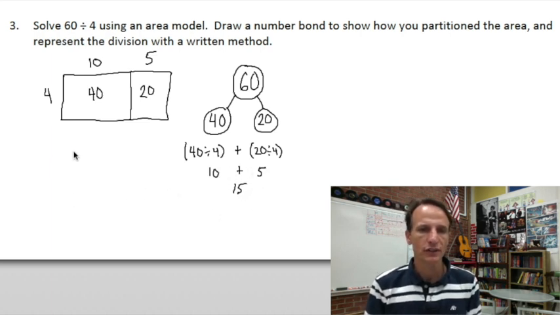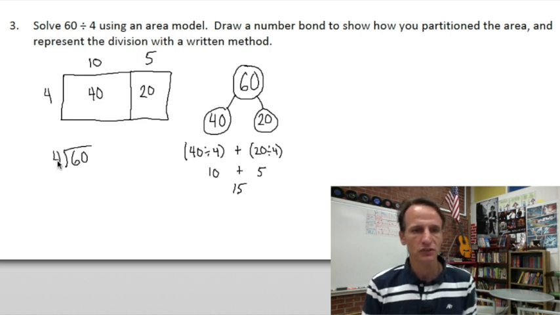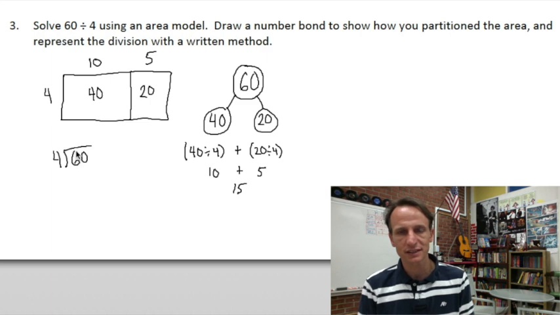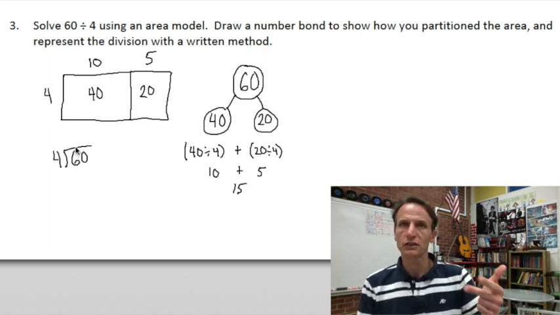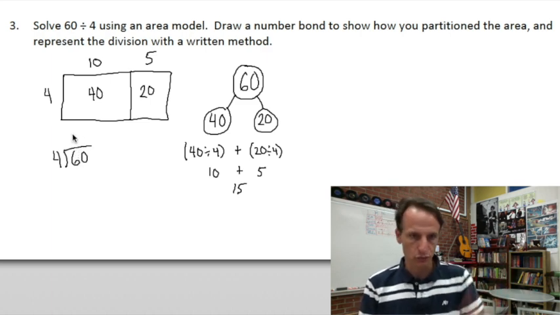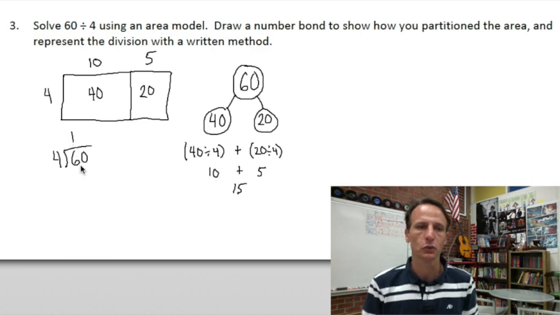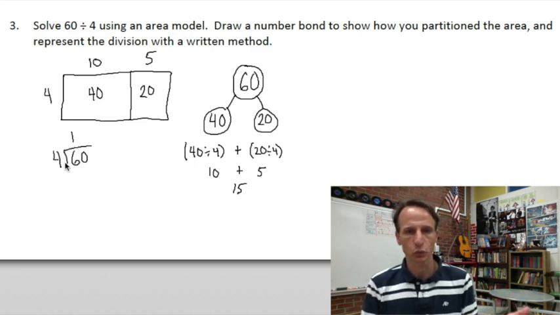And to do this out as regular old division, and by that I mean the standard algorithm, if you write 60 divided by 4, you say, how many 4s in 6? 4, 8, 12, no, I can only, there's just 1. Okay, there's 1 four in 6, because 1 times 4 is 4.